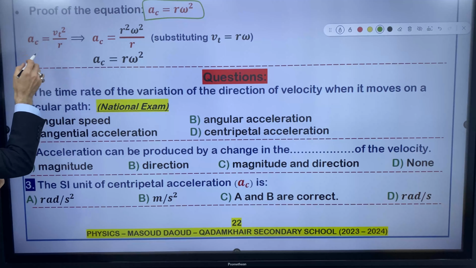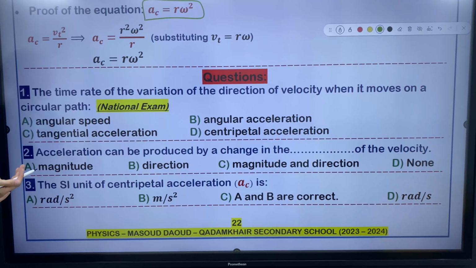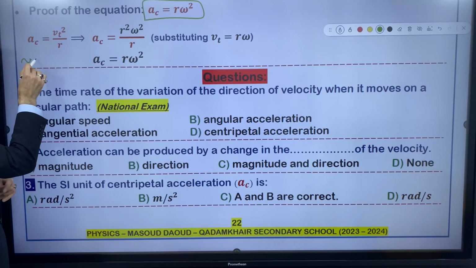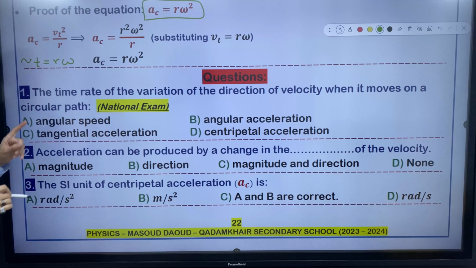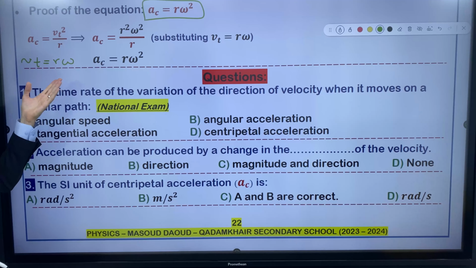Go back to the previous equations, the relationship between VT, R, and omega. Isn't this equation familiar? VT is equal to R omega. Yes, it's familiar. We got it before.